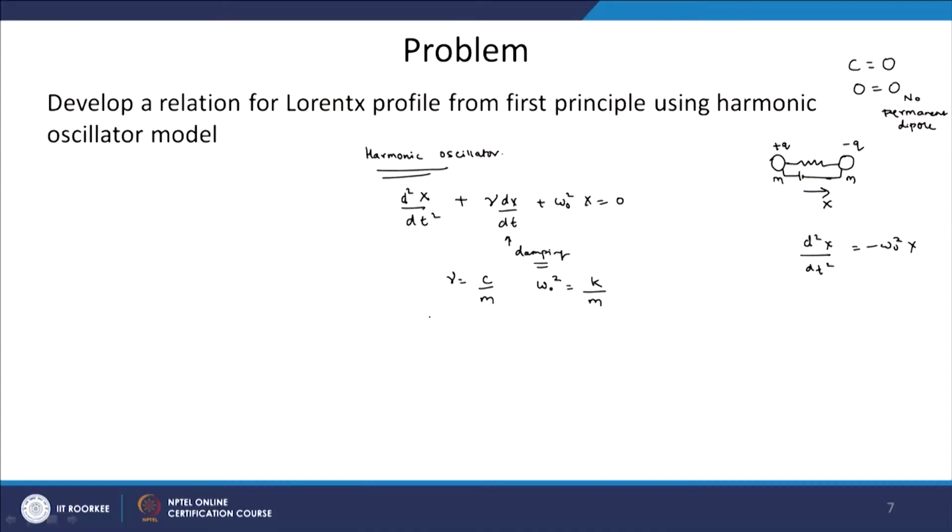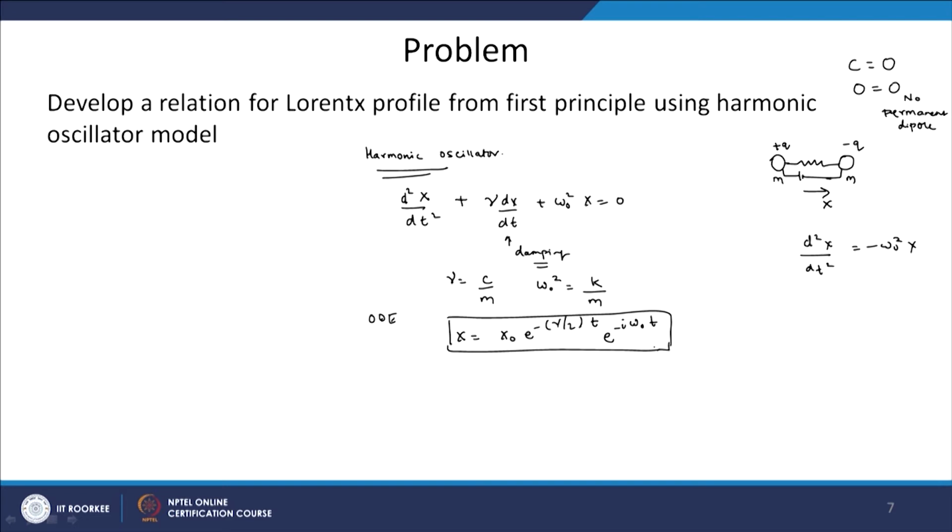Now, we can solve this using any method for differential equations. This is an ordinary differential equation. We can solve it, and the solution can be written as x is equal to x naught e power minus gamma by 2 t, e power minus I omega naught t. This is the solution of this equation.